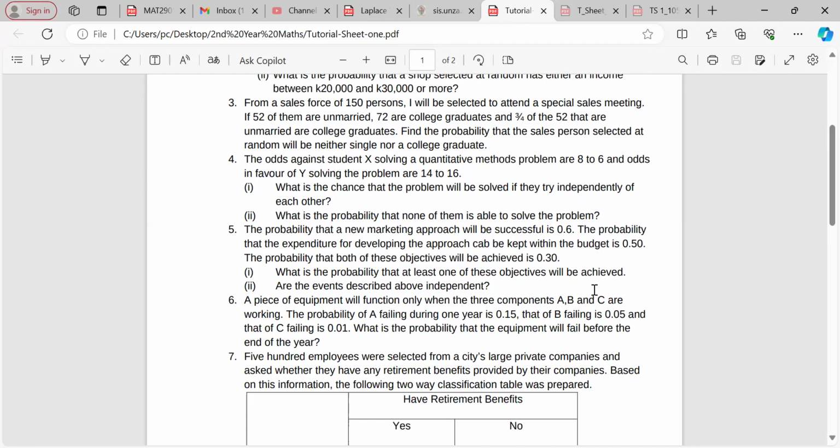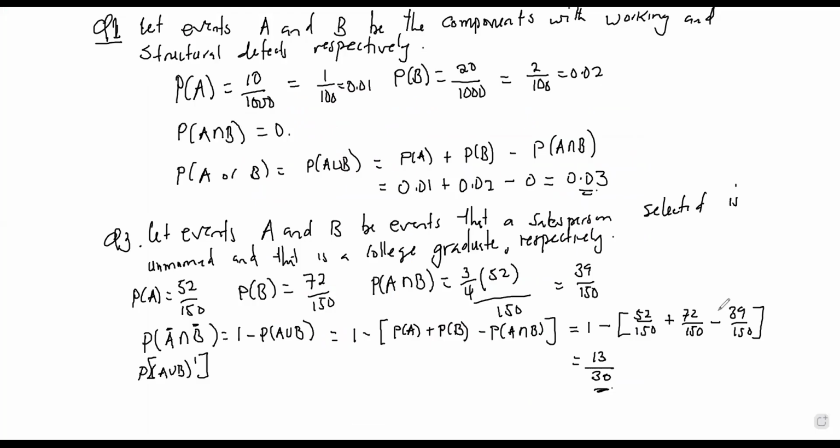Okay, so look at this question nicely. We have the odds against X, 8 to 6, and in favor of Y, 14 to 16. So how do we get to the solution for this one? Let's come to the drawing board. For X, the odds are 8 to 6, so these are odds against.